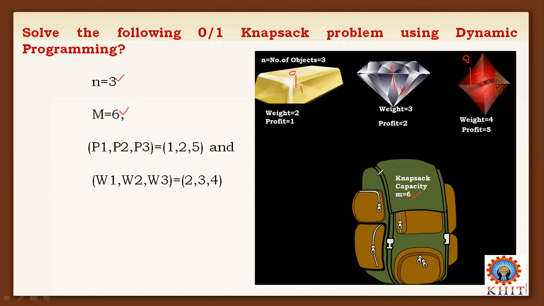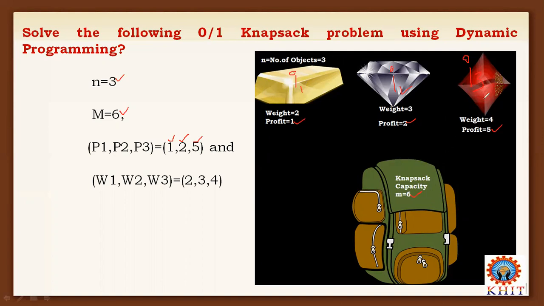You cannot fill the bag with more than 6 kg. So here the profits are given. The profit of the first item is 1, the profit of the second item is 2, the profit of the third item is 5. If you fill the bag with the gold item, you will get 1 lakh rupees. If you fill the bag with the diamond item, you will get 2 lakh rupees.